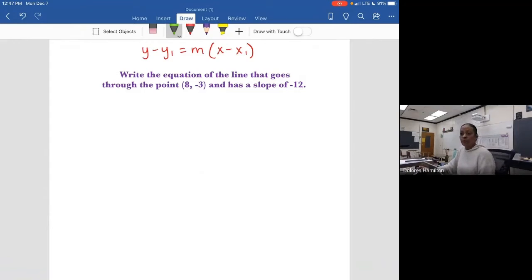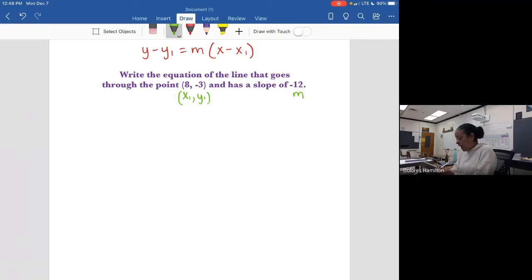Let's try one more of these when we're given another point and a slope. Write the equation of a line going through the point 8, -3 with a slope of -12. Our 8, -3, well, that's our x1, y1. And we know that our m is -12. Up there in red, we see what that point slope form is. Until we're more familiar with it, we just keep it there.